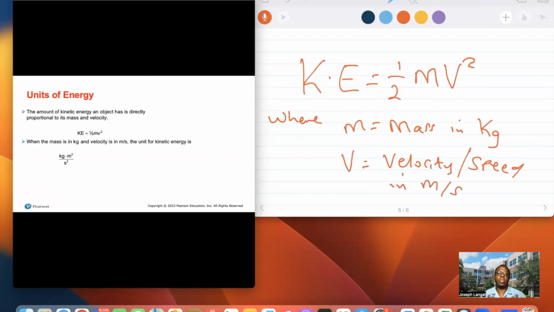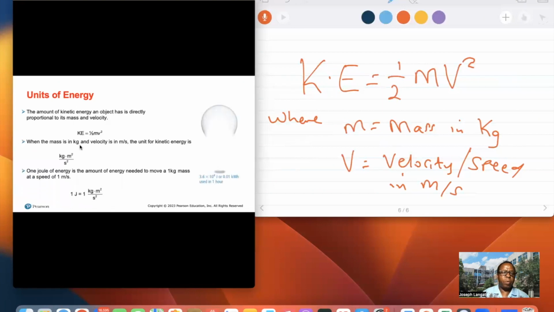You need to change it. If the speed is in kilometers per hour, miles per hour, or any other units, you need to change to meters per second, and change the mass to kilogram, because if we have this, we'll have to relate the units of energy.